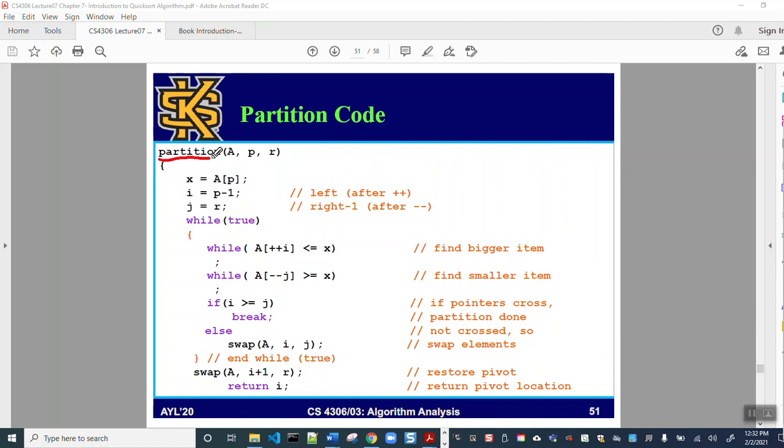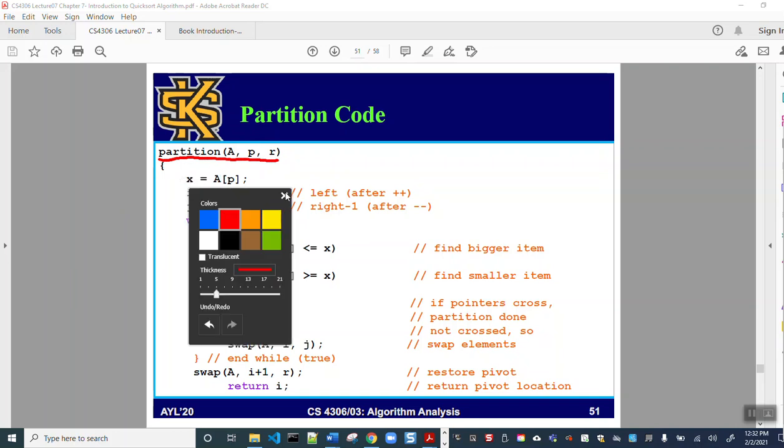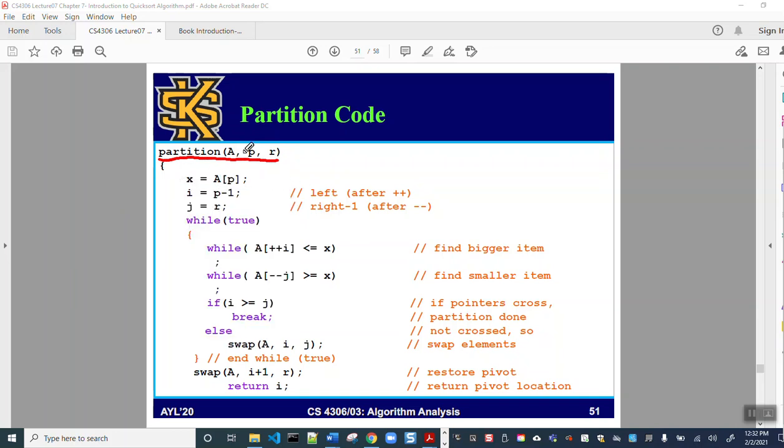It is taking an array with p and r and additional arguments, and initially we are saying x equal to A[p], and i equal to p minus 1, j equal to r. So initially just forget about this, and go to this.